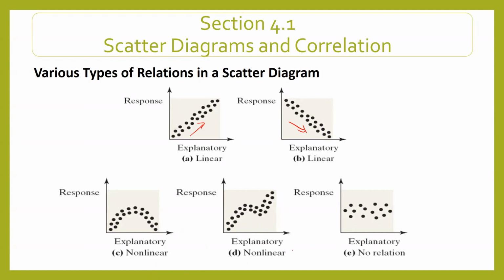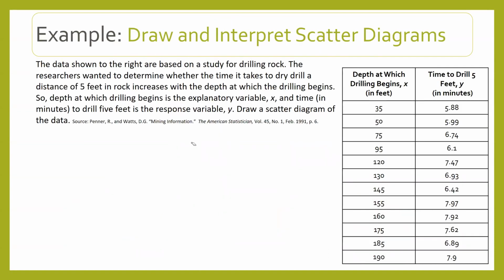C and D are nonlinear. And then E is no relation. I want you to take note of some of these, the shapes of these graphs. Okay, so we are going to deal with this very shortly.